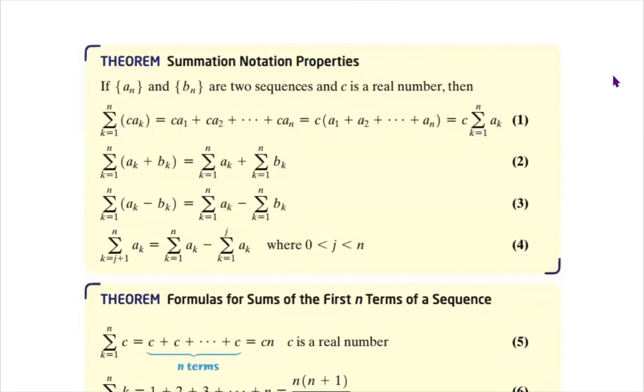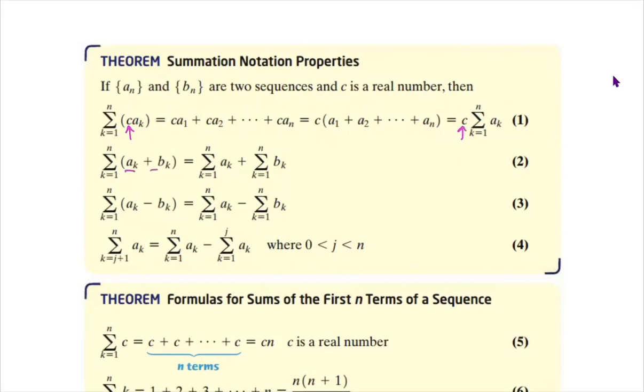If the k that is varying does not affect something inside of the sum, then it can go out. You see how the c here is not affected by k, then you can move it to the outside. Anything affected by k should stay inside. But if it's not affected by the variable, then it can be pulled outside of the sum and just multiply.